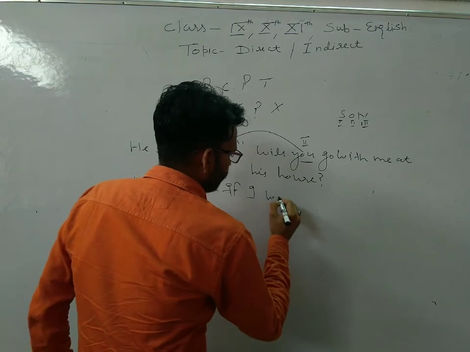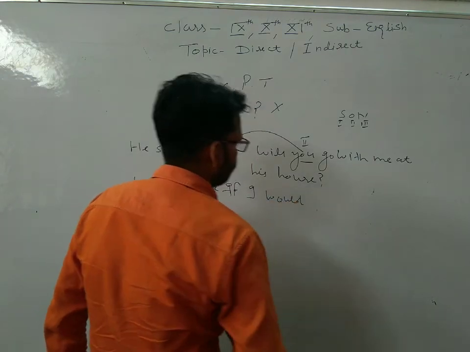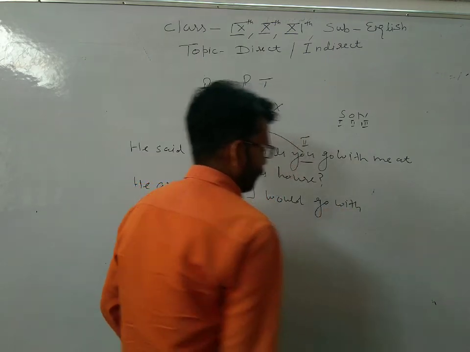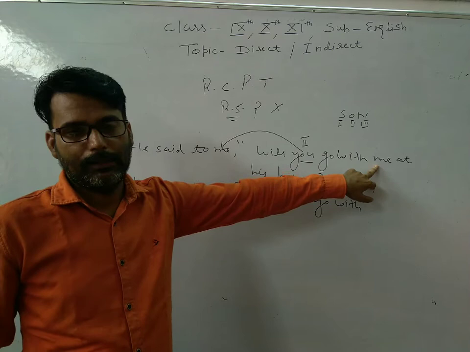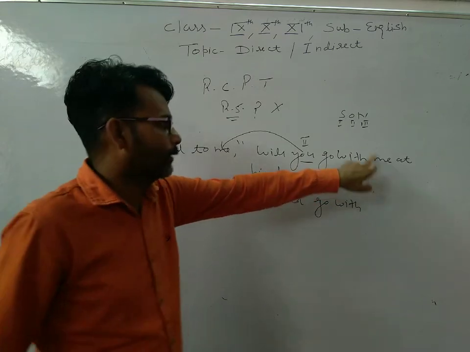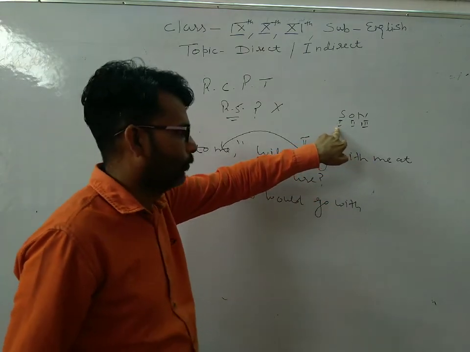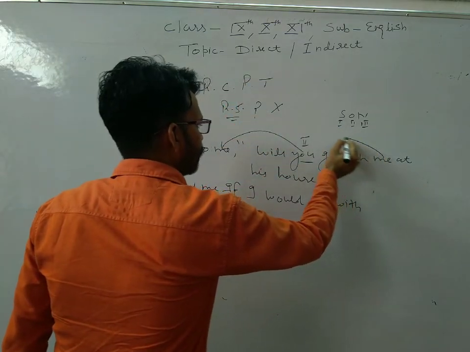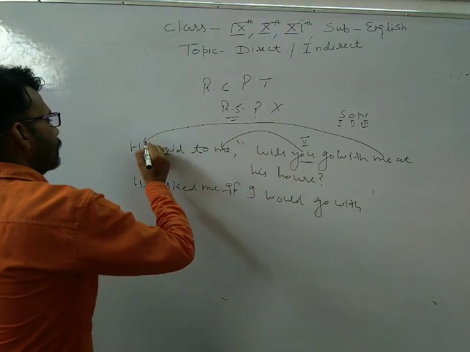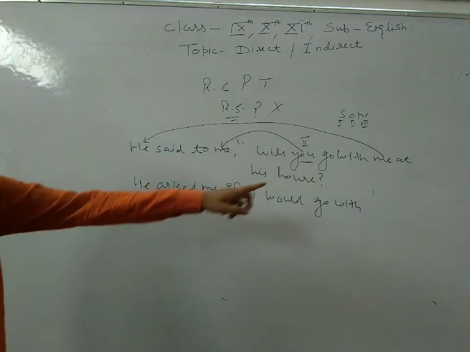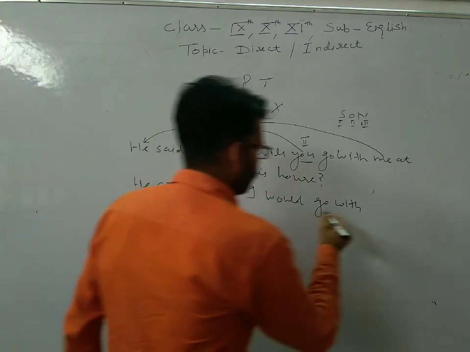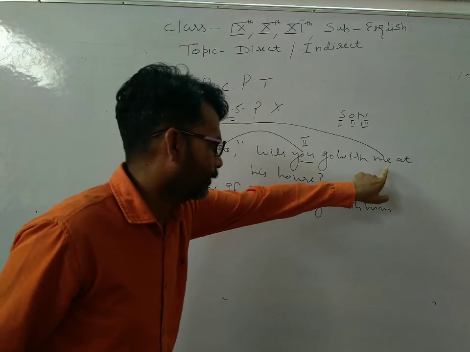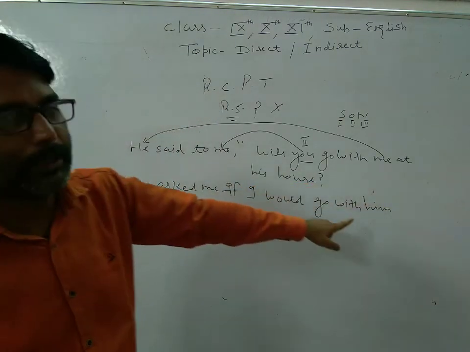Then "will" will change into "would", "go" stays. Again, we have a first person, and the first person according to the rule will change into the subject. So "me" will change into "he", and "with he" will become "with him".